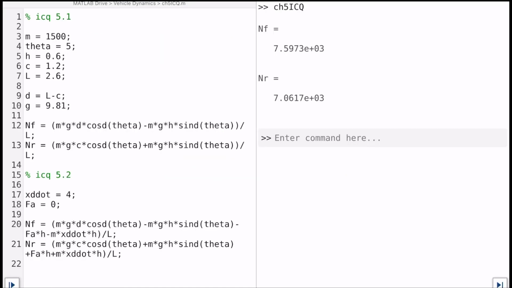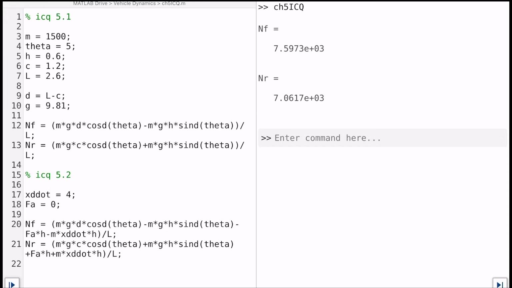So if you go into MATLAB, down here I've added my X double dot term. I've set my aerodynamic drag as 0. So there's my equation from the sheet. That bit is the same. These two terms are the same.